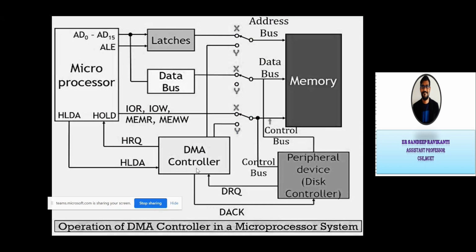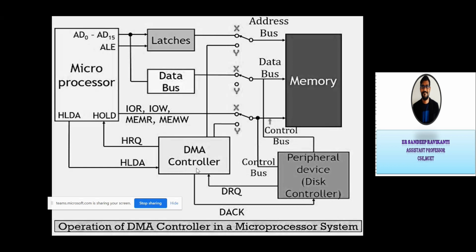So this is the simple operation of the DMA controller, wherein it acts as an interface between the peripheral and the microprocessor. Whenever the microprocessor tells the DMA controller with a hold acknowledgement signal, the DMA controller is capable of taking control over all the buses like data bus, address bus, control bus, and it can perform data transmission without the involvement of the microprocessor, because all the buses are under control of the DMA controller.